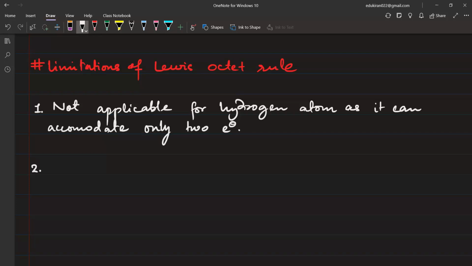Second, does not explain stability of electron deficient compounds.